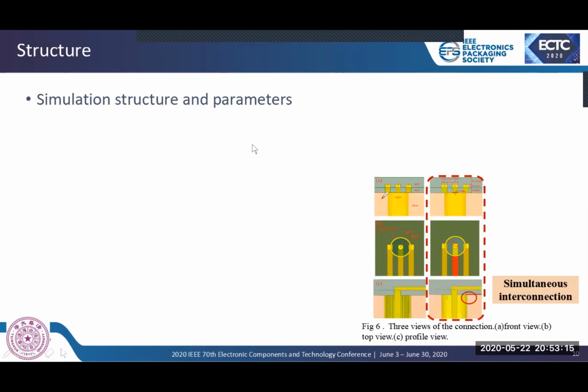From the front view, the module has 8 micrometer BCB layer, 5 micrometer copper layer, and a 10 micrometer second BCB layer. These values refer to the process parameters of redistribution layer. Besides, the line width and space is 10 micrometer.